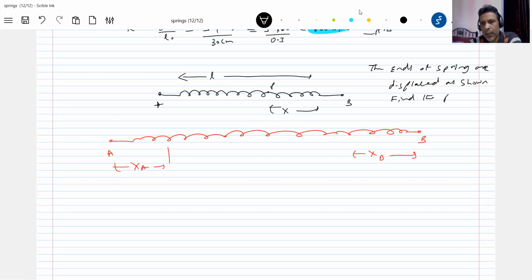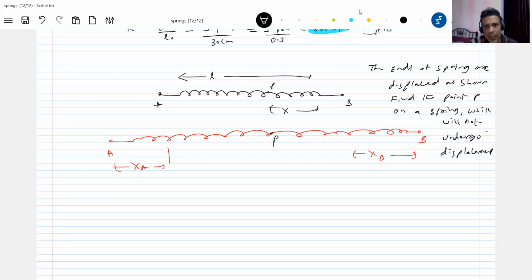Find the point P on a spring which will be at rest, or which will not undergo displacement. This is very important. Which will not undergo displacement. Is it possible? So the point P will not move.